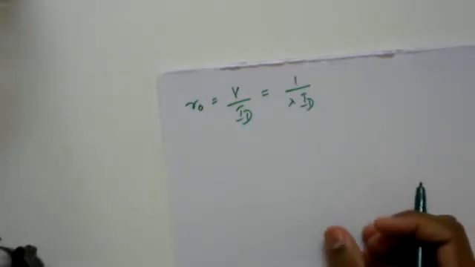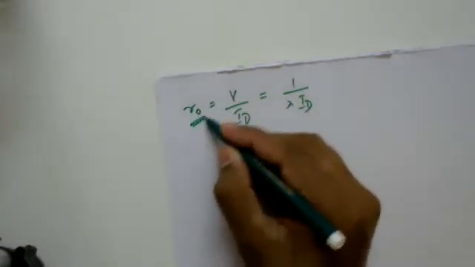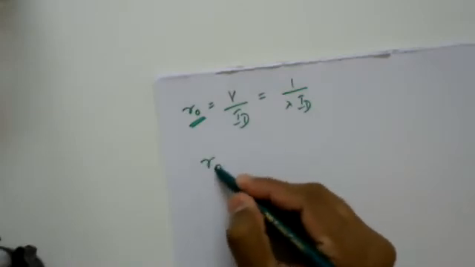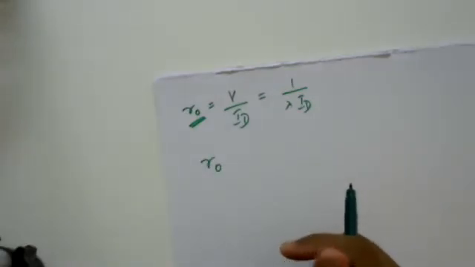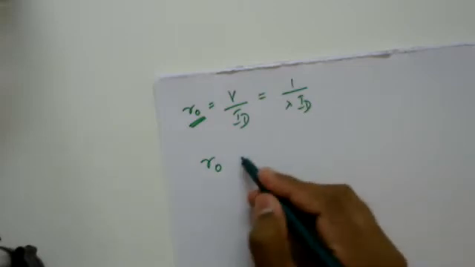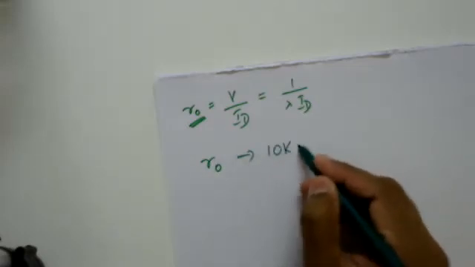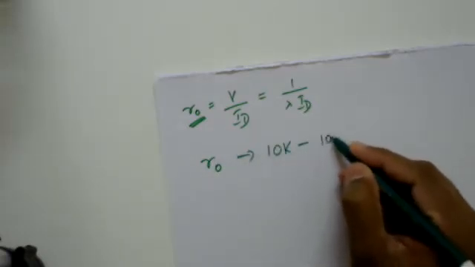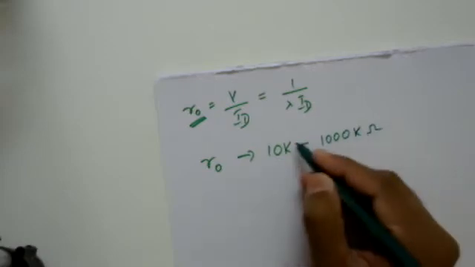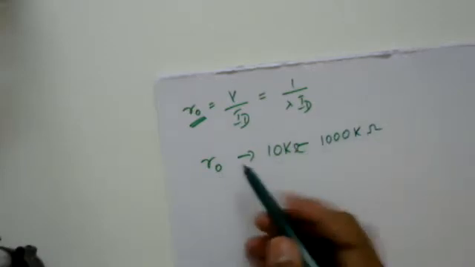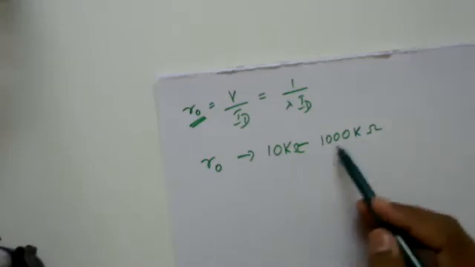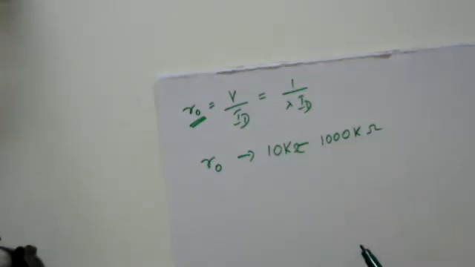Typically, this value of R0 will be in the range of 10 kilo ohm to 1000 kilo ohm.